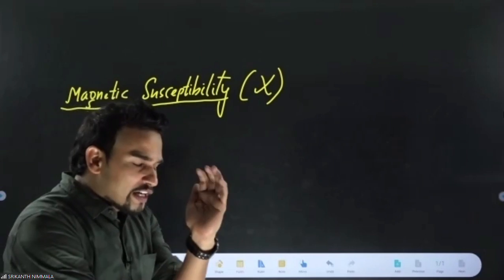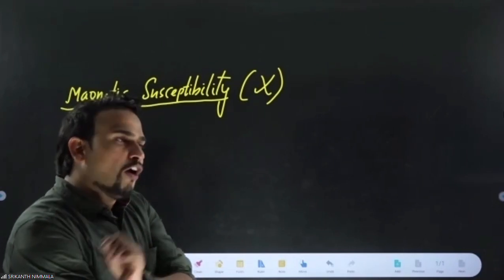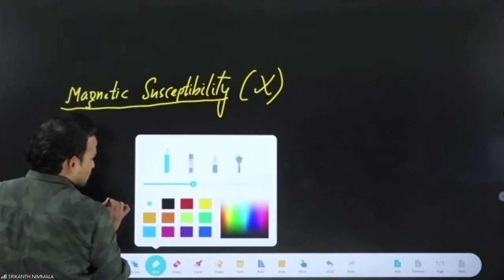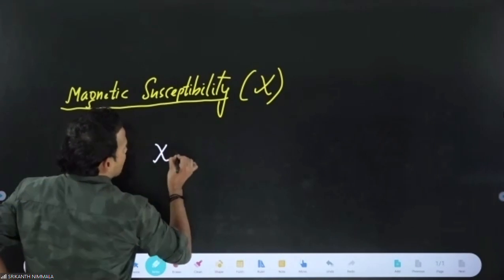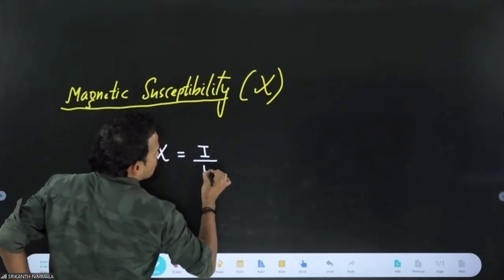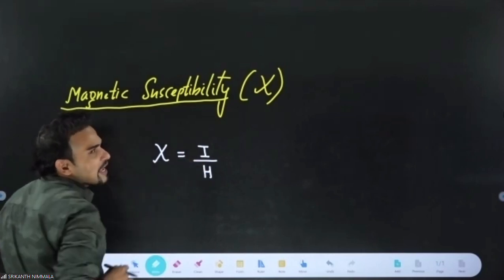It is simply the ratio of I and H. So always remember your Xi is defined like this. Xi, magnetic susceptibility, will be equal to intensity of magnetization upon magnetic intensity. Xi will be equal to I by H.